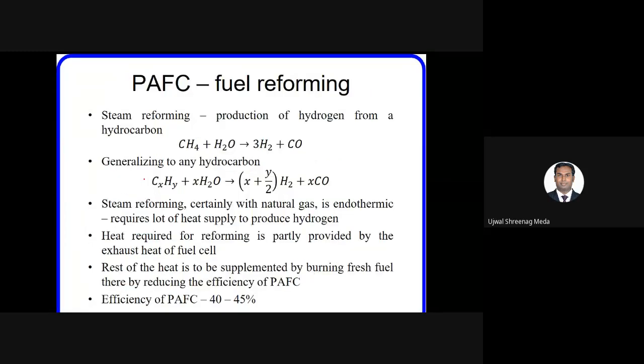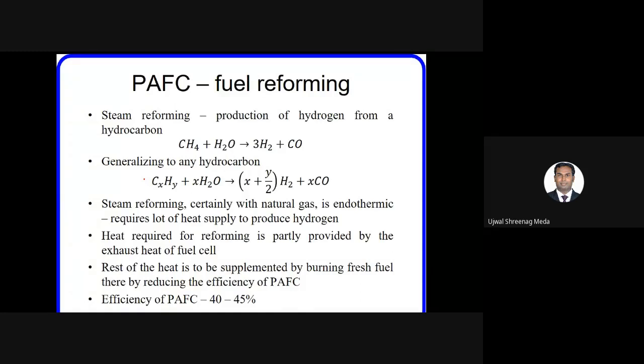Okay, so now we realized that in most of the cases in phosphoric acid fuel cell, the fuel is not pure hydrogen. So we always start with material which involves pre-processing of fuel, such as natural gas, LPG, or hydrocarbons. One of the ways of obtaining the required hydrogen from fuels such as hydrocarbons is steam reforming.